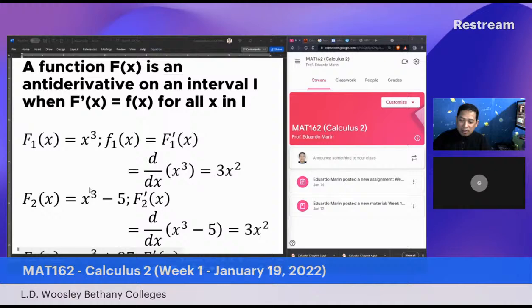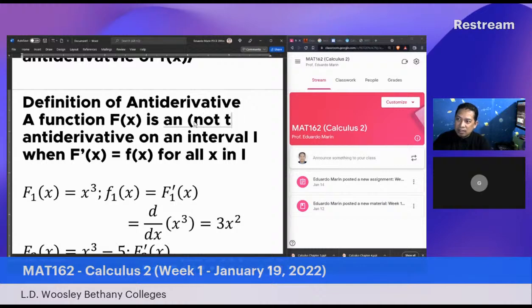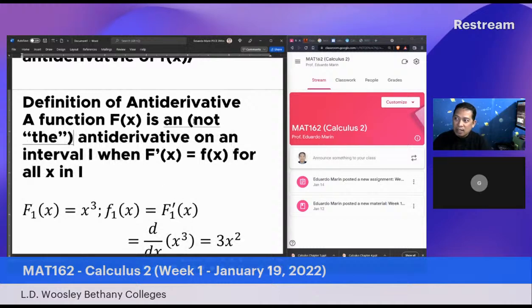Now my point is that in our definition, the derivative is an antiderivative, not the antiderivative. Let me emphasize this. Why? Because there is not just one antiderivative of a function.